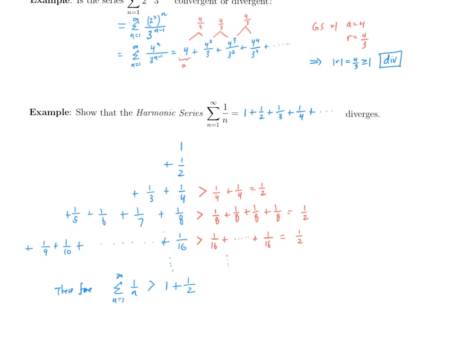So those next 2 terms are bigger than 1/2, the next 4 terms are bigger than 1/2, the next 8 terms are bigger than 1/2, the next 16 terms are bigger than 1/2, and so on.